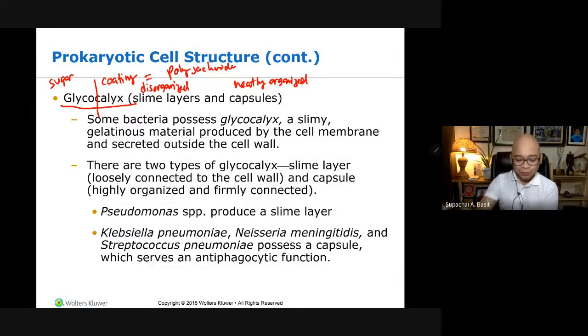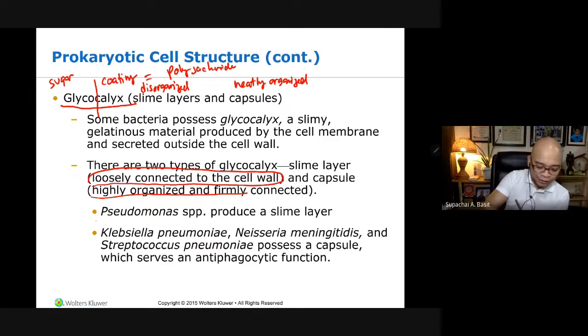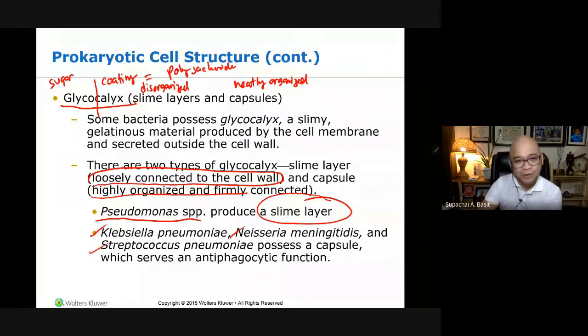The slime layer is loosely connected to the cell wall, so it's not organized, while the capsule is highly organized. Examples of organisms with glycocalyx: Pseudomonas has a slime layer, whereas Klebsiella, Neisseria meningitidis, and Streptococcus pneumoniae have a capsule.